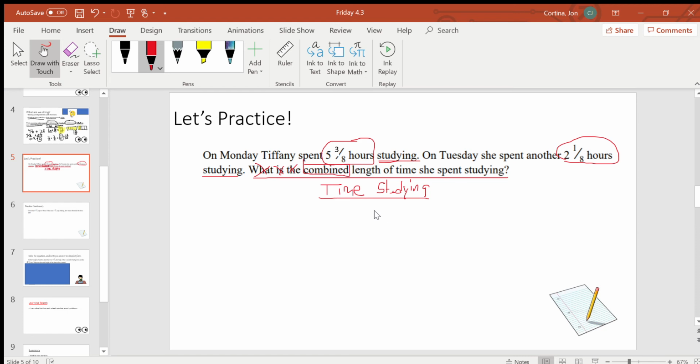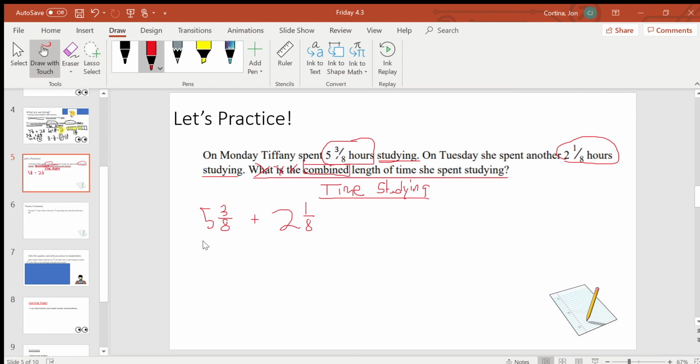Okay, so now we're going to copy down our information. Over here we have 5 3/8 on Monday and 2 1/8 on Tuesday. We all know the combined are total, so that word tells us that we're going to add.